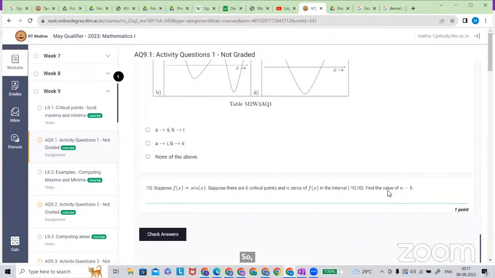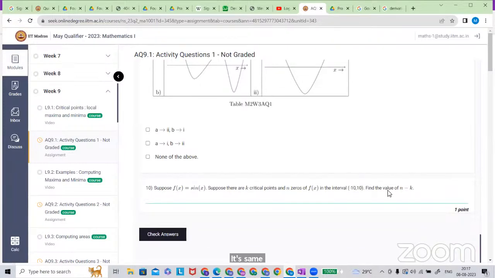What is the difference between critical points and zeros? All of you have gone through polynomials. What do you mean by the zeros of a polynomial? The values where the graph cuts the x-axis, the x-intercepts. The zeros are actually the roots.